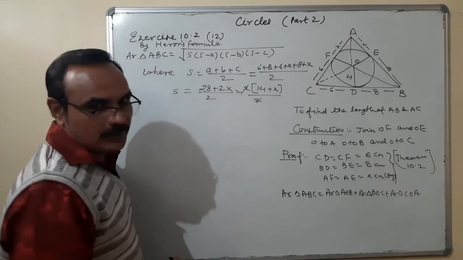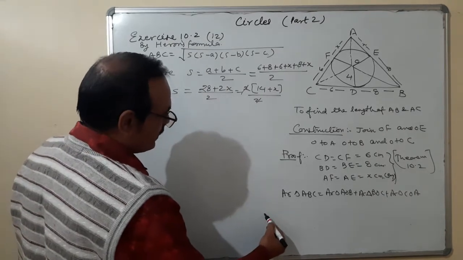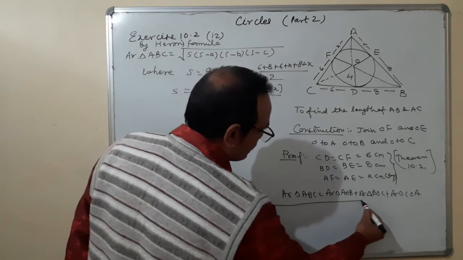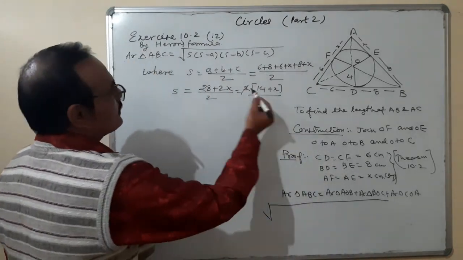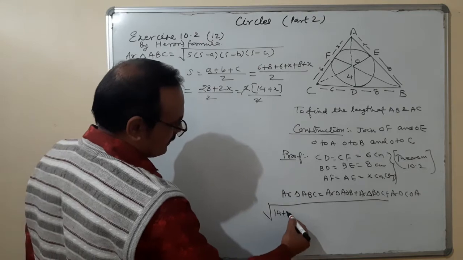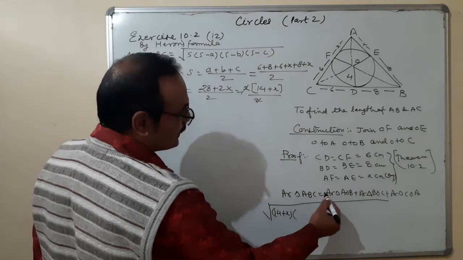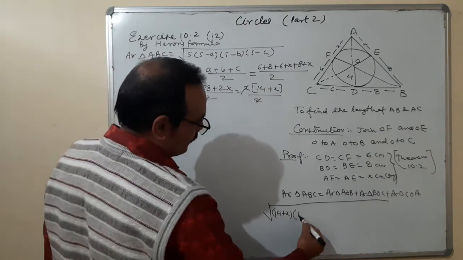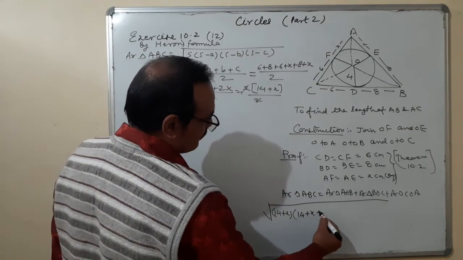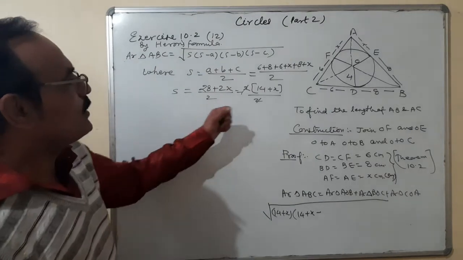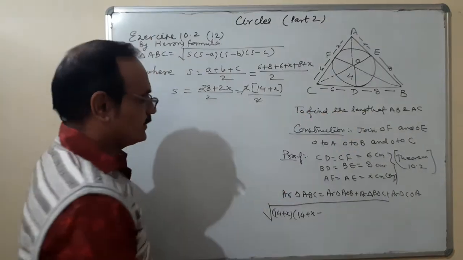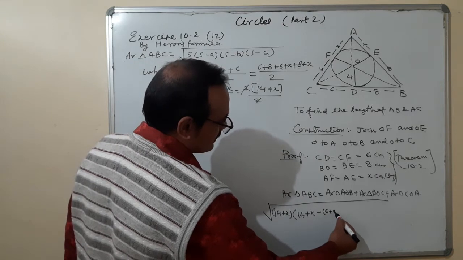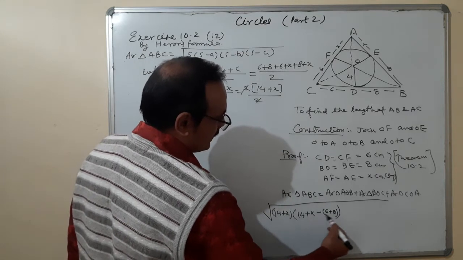Area of triangle ABC is the square root of s times (s minus a), which is a formula. S minus a is 14 plus x minus a. What is the value of a? 6 plus 8, so I am writing here minus (6 + 8).